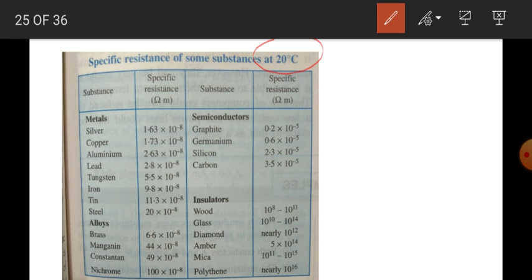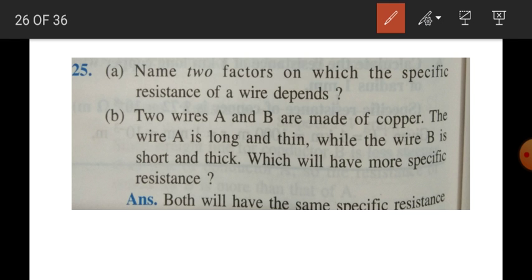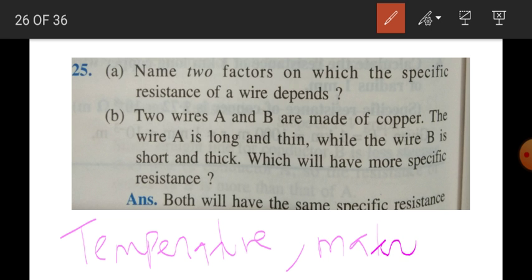It means at 40 degrees Celsius, the specific resistance will have a different value. So there are 2 factors. One is temperature, and the second factor is material. For different materials, specific resistance will be different.